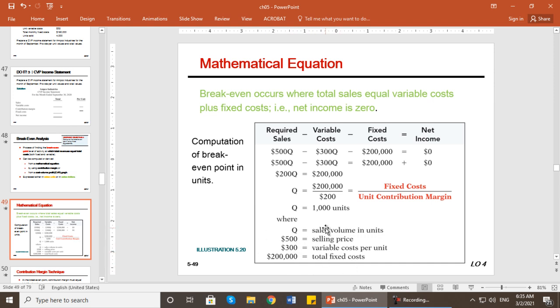From this data, we need to compute the break-even point in units, from the equation: required sales minus variable cost minus fixed cost equal net income.